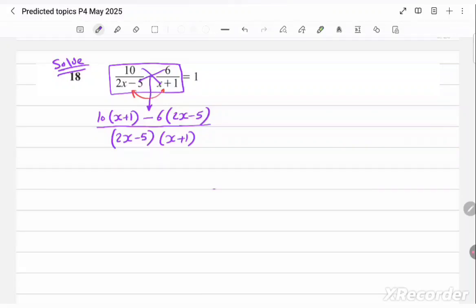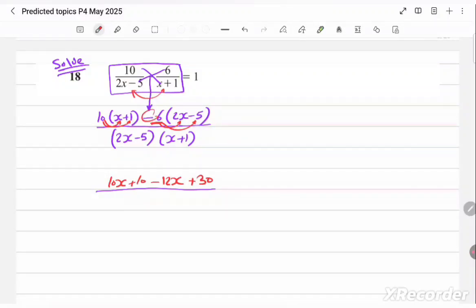Okay, let's simplify. 10 times x is 10x, 10 times 1 is 10, negative 6 times 2x is negative 12x, and negative 6 times negative 5 is plus 30. Take care about this, because sometimes students forget that when you multiply, we have a negative outside.